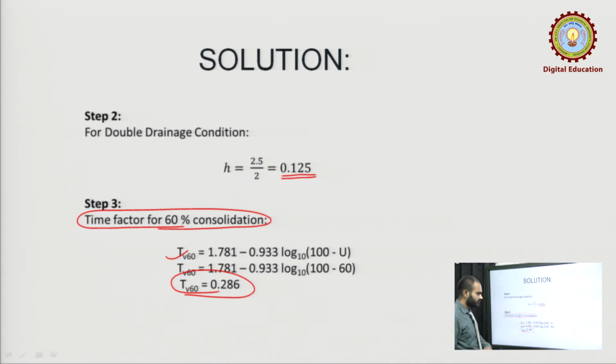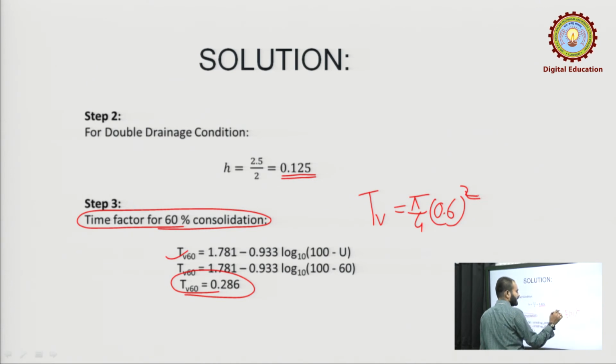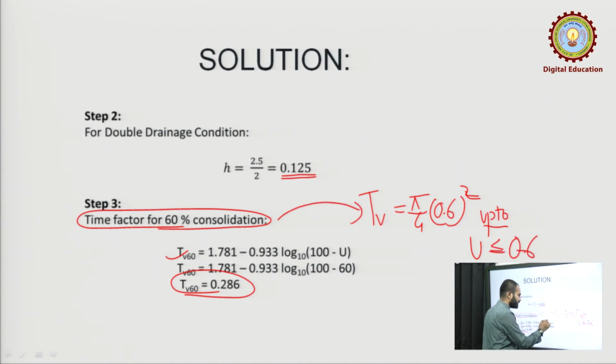Okay. This you could have also calculated from Tv is equals to pi by 4 U square. Because this formula is valid up to U less than or equal to 0.6. So, equality is also here. So, we can also find this from here.